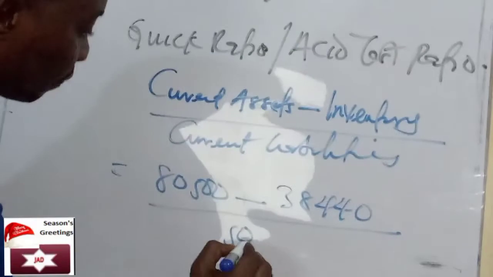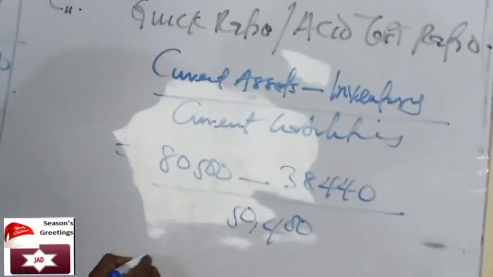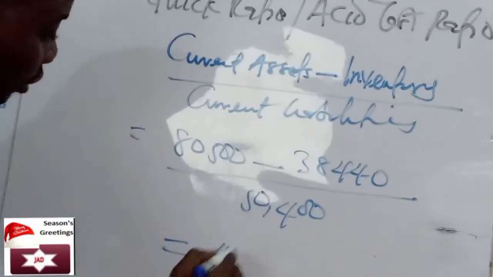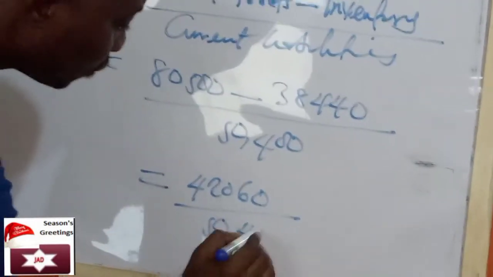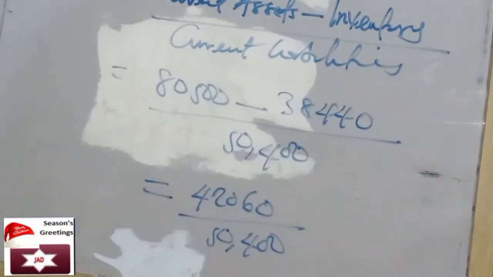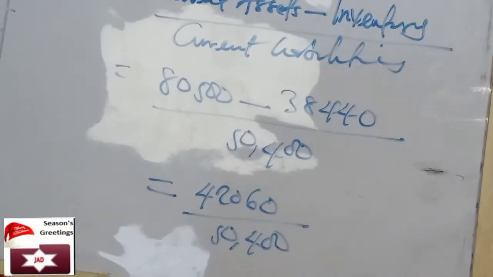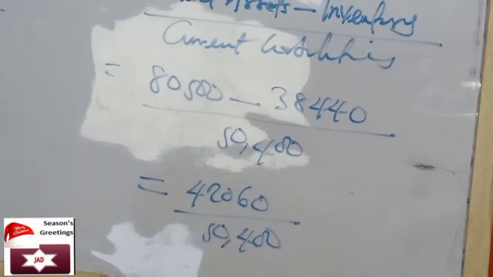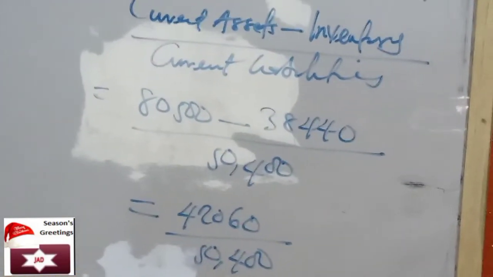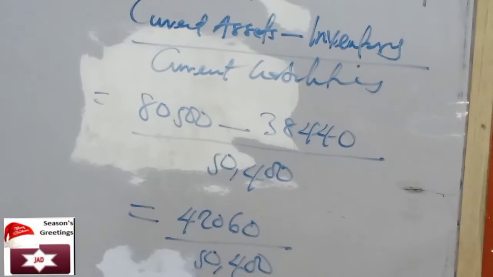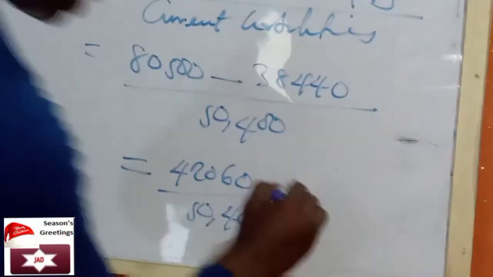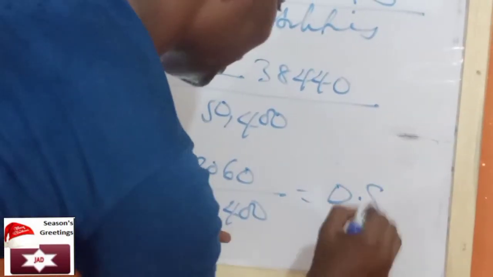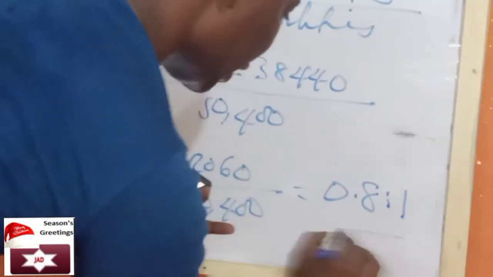All over, what's our current liability in the question? 5,400. So this is the same thing as 42,060 over 5,400. So we say 42,060 divided by 5,400. So this is 0.8 to 1 ratio.